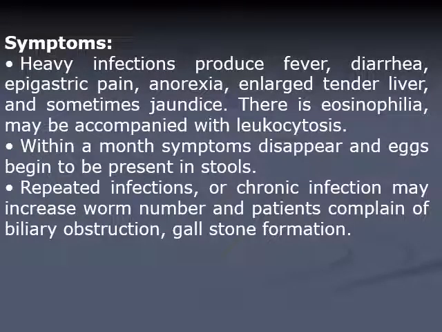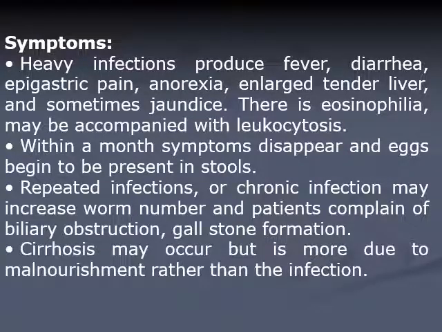Repeated or chronic infection may increase worm number, and patients complain of biliary obstruction, gallstone formation, and other sequelae of chronic cholangitis. Also, cirrhosis may occur, but is more due to malnourishment rather than the infection itself.